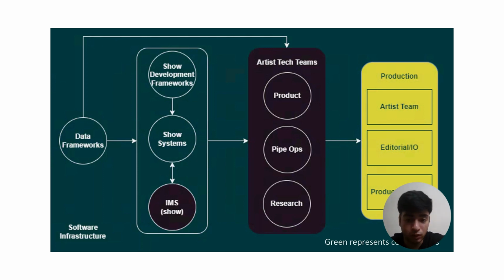This is the layout of how core services works. Green represents core services and what comes under it. We are responsible for all the databases, the show development frameworks, and show systems as well. We are the back end of all the services provided by DNEG, and we support all the teams like product, pipe ops, and research.